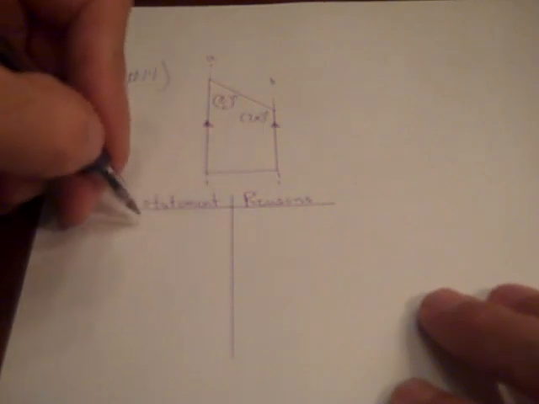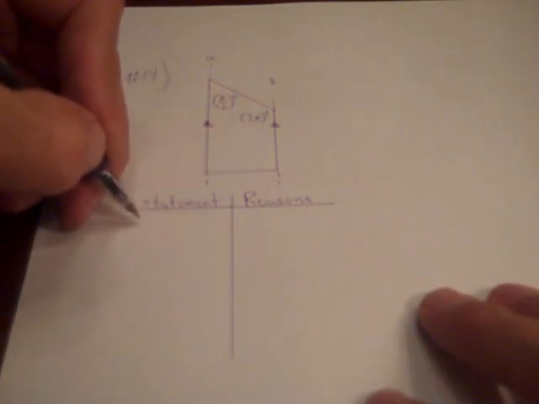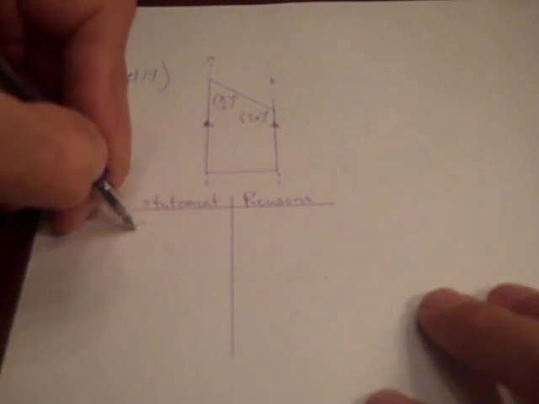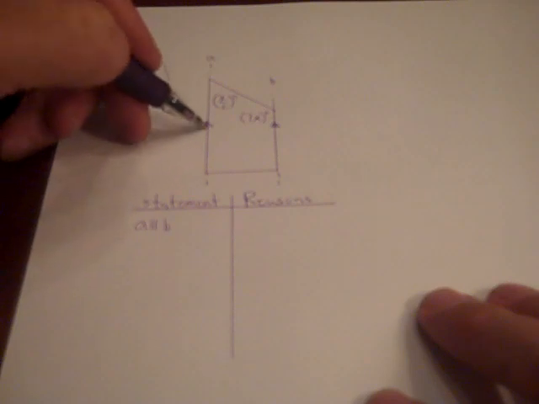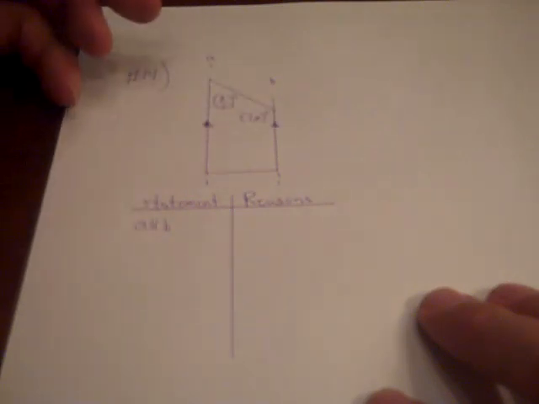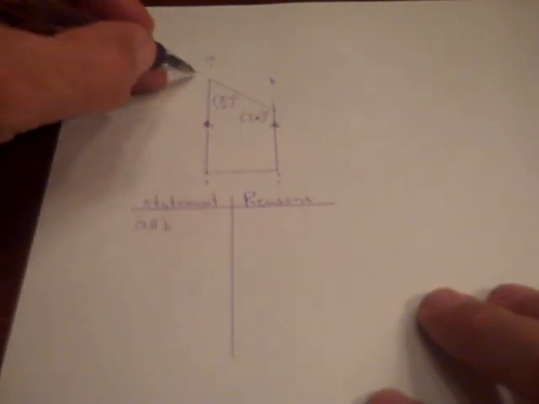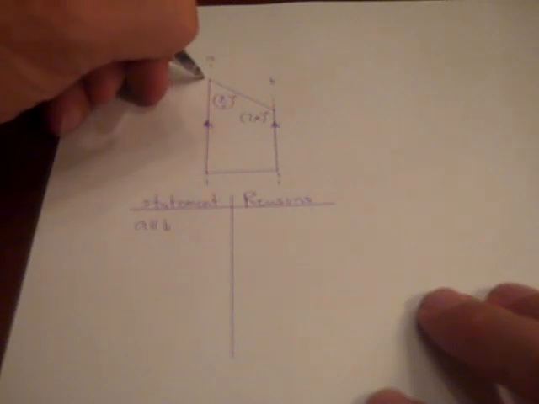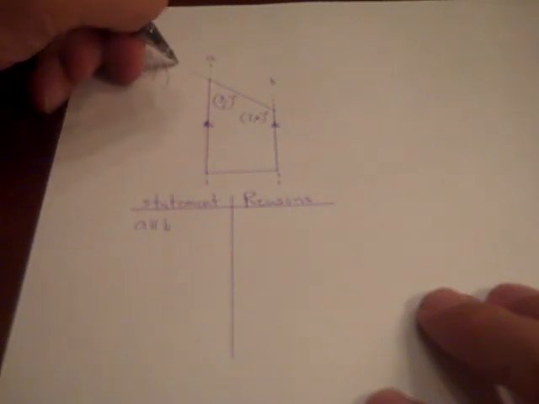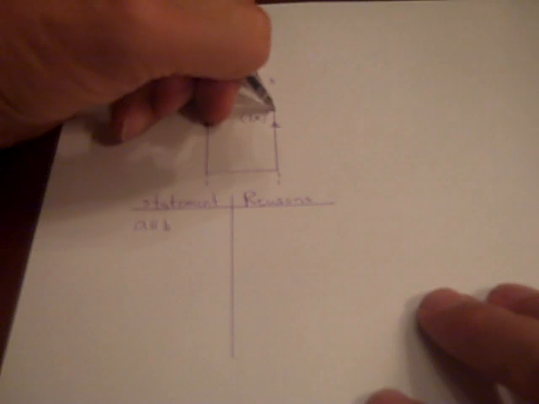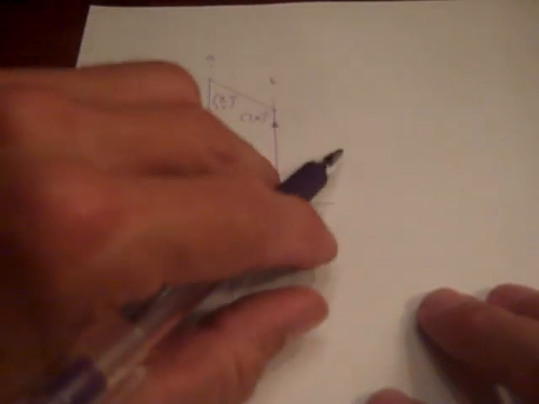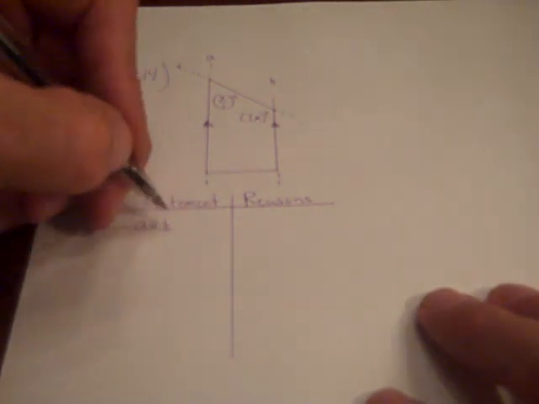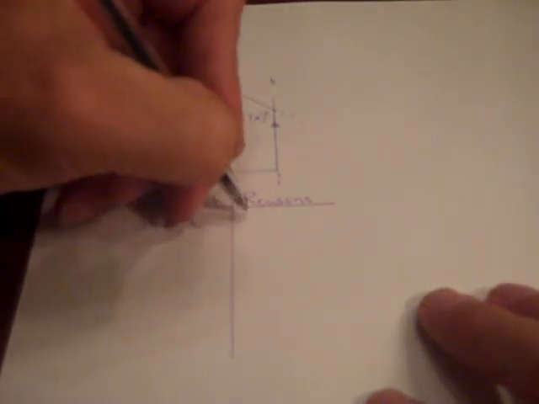I'm given the fact that A is parallel to B, because of these two little arrows, and I also have a transversal here, which I'm going to extend out and call transversal T. So now I have two parallel lines and a transversal.